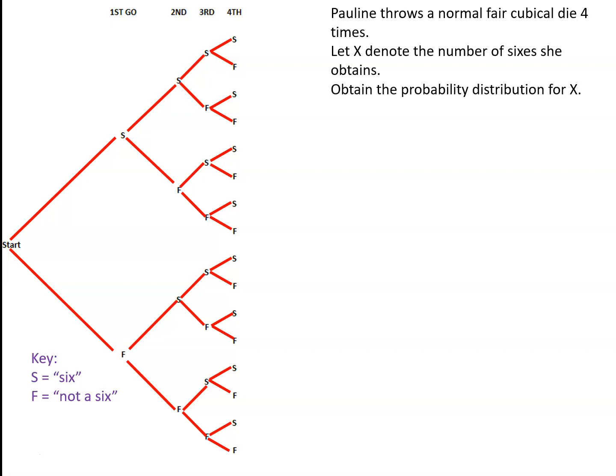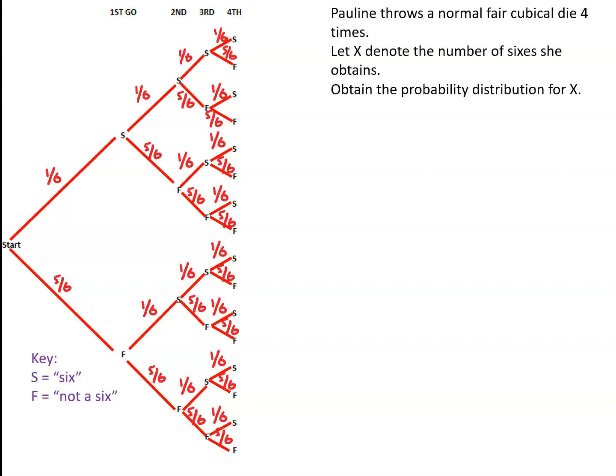In other words, she doesn't get a 6. We know that the probability she gets a 6 will be 1/6, and the probability that she doesn't get a 6 will be 5/6. So we can add the probabilities to the tree diagram very easily, and we get a diagram looking like that as our completed tree diagram.